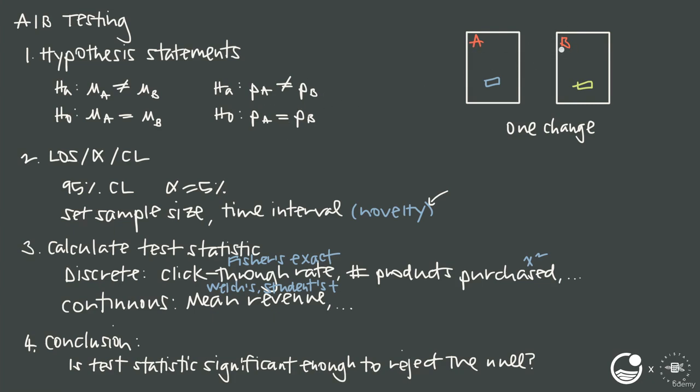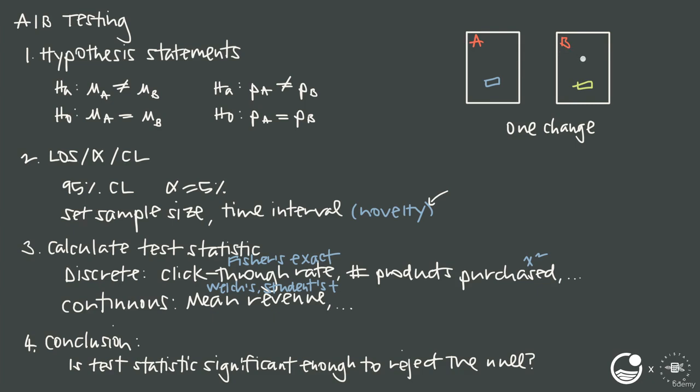Just like with hypothesis testing, we might find a better result with variation B than with variation A. But the question is, is it better enough? We need it to be statistically significant in order to support the idea that we think variation B will do better across the entire population, not just the sample, than variation A.